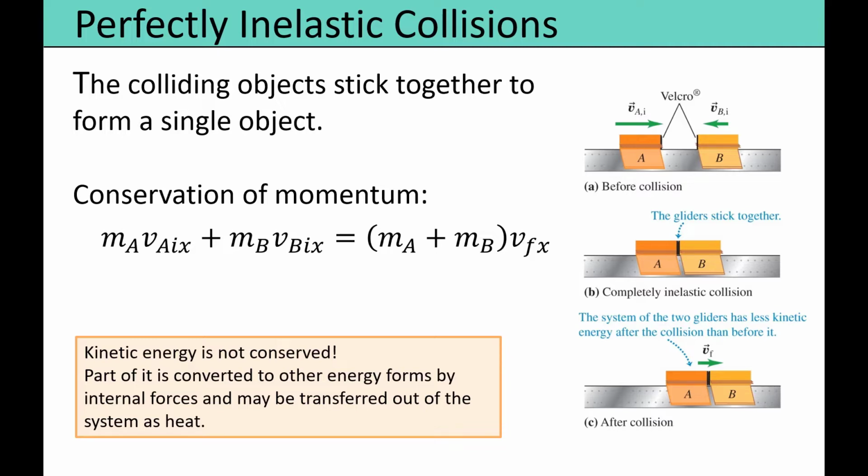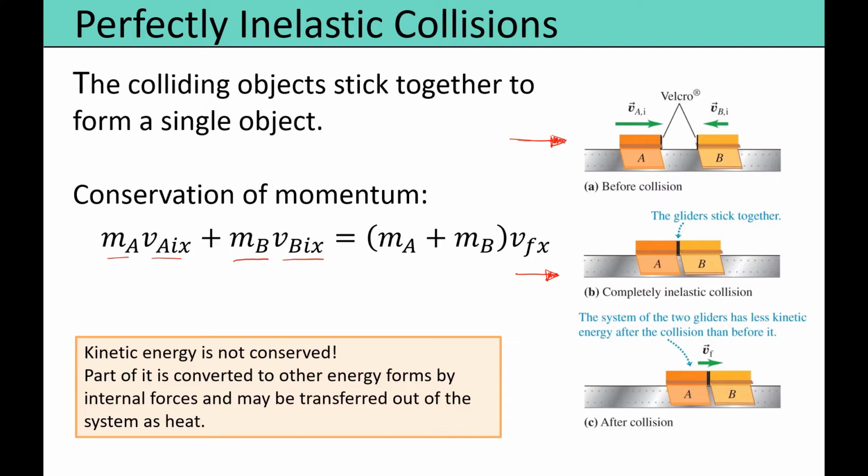For the initial conditions before the collision, the two objects approach each other, and we can write the total momentum of the system that consists of objects A and B in the diagram as the momentum of object A, mass times velocity, and momentum of object B, mass times velocity of object B. After the collision, the two objects move together as one single object.